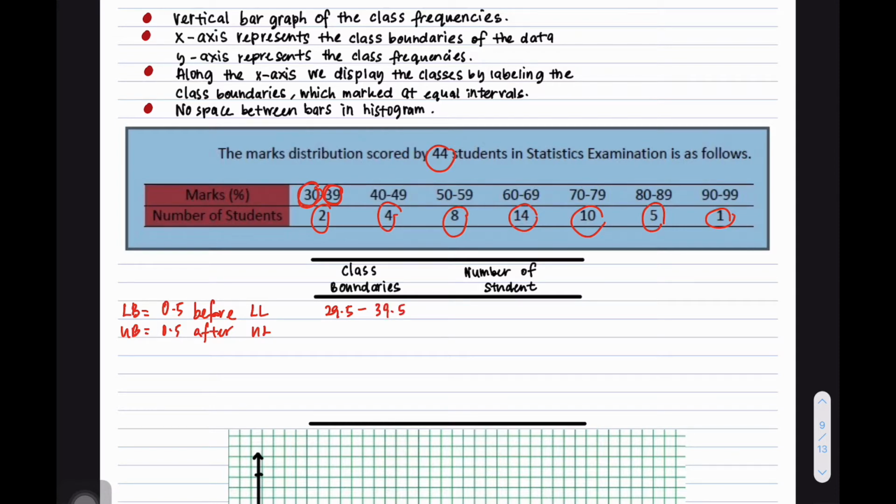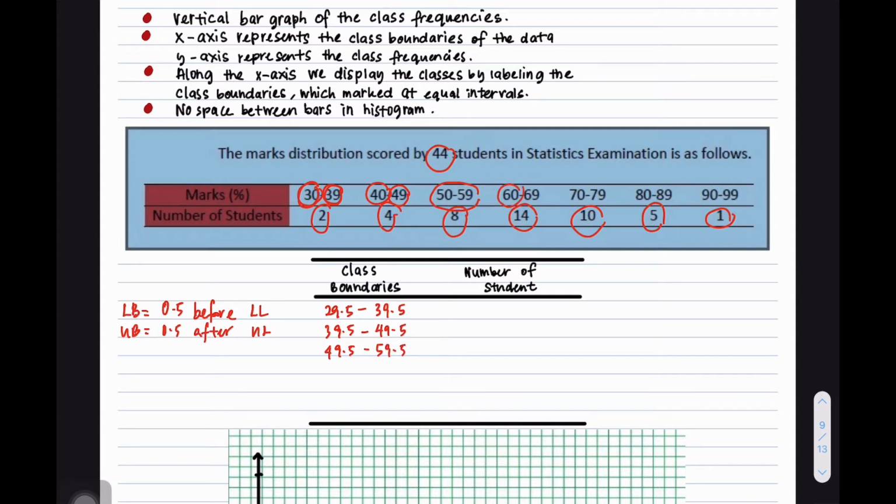Okay, and for the second class, you have the lower limit 40. So 0.5 before 40 will be 39.5. 0.5 after 49 will be 49.5. Same goes to the next class. 0.5 before 50 will be 49.5, and 0.5 after 59 will be 59.5.